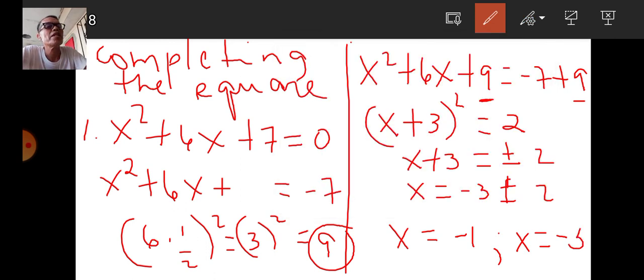So this must be negative 5. Negative 3 plus negative 2 is negative 5.